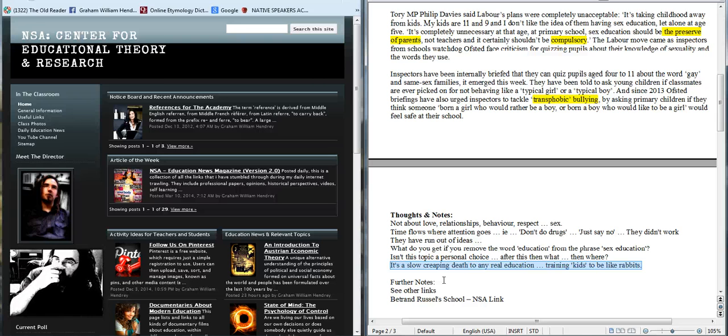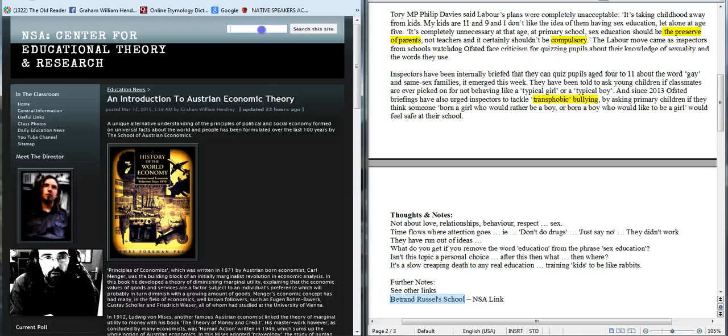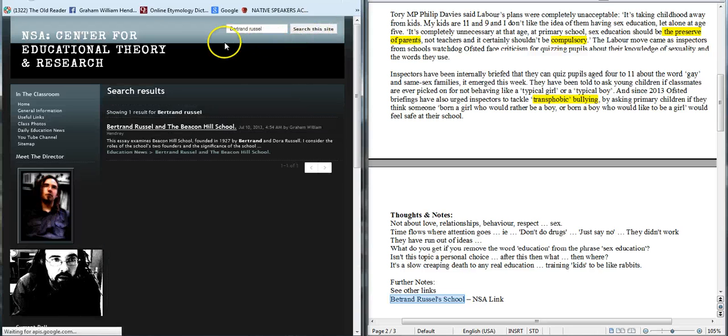Further notes, well, you can read through any links that I post as well. You might be interested in educational history to have a look at Bertrand Russell's school. In fact, if you go to our search box at the top of the page on our web page and type in Bertrand Russell, that will hopefully take you to a link.